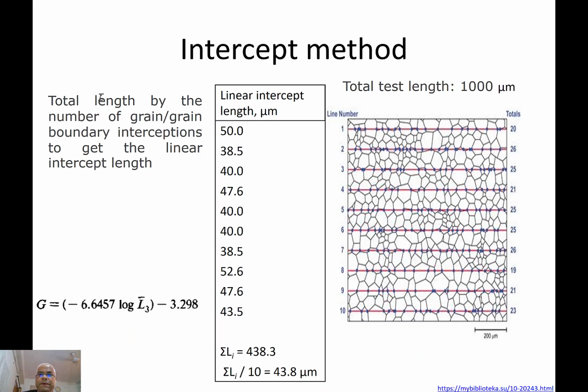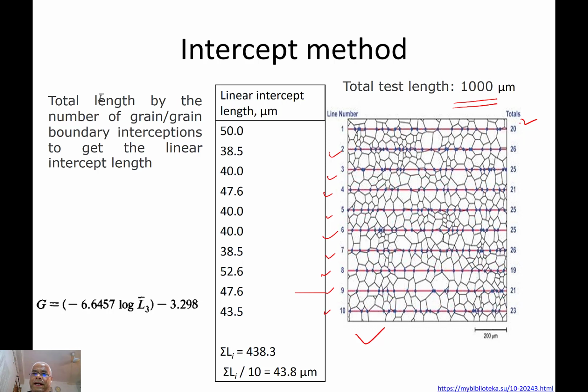So not just equiaxed but non-equiaxed grains can also be evaluated using this method. Just as an example, we'll take up this case of a microstructure where 10 different test lines have been drawn like this. These lines are of standard length, say a test line length of 1000 micrometer.